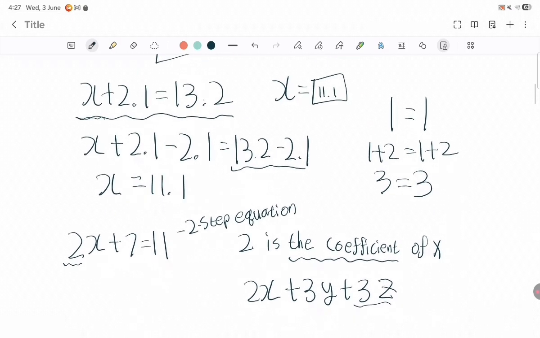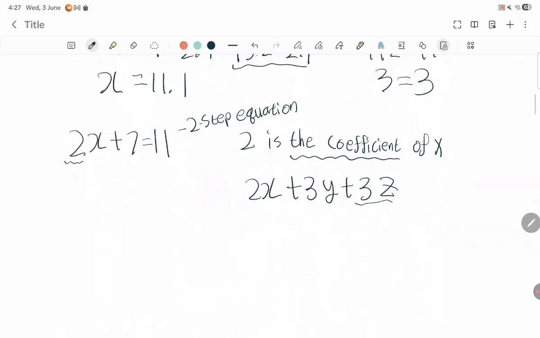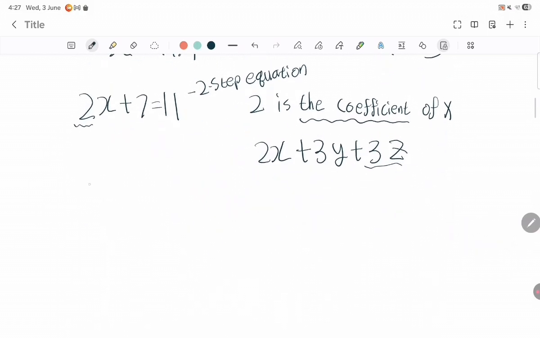The previous one is in the category of one-step equations, because you can just subtract one number and you get the answer. So let's give it a try. First of all, subtract the 7 on both sides. Then you get 2x equals 4. Now, just one more step.